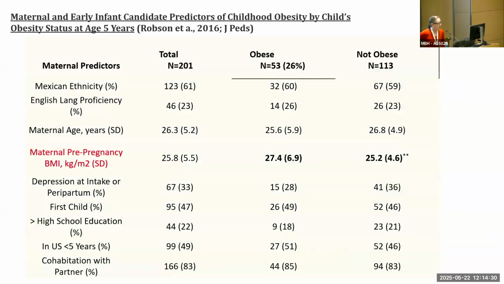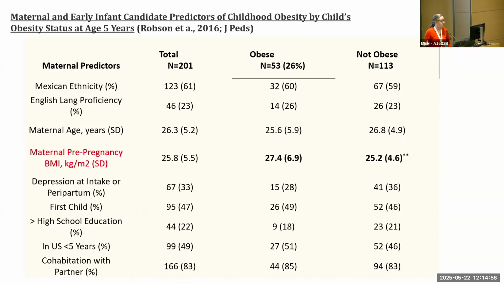So we worked with one of my cohorts that we had. The sample size was 201, and I just put up some demographics here. Jake looked at a bunch of different variables, in terms of whether the kids were obese at age 5 or whether they were not obese.